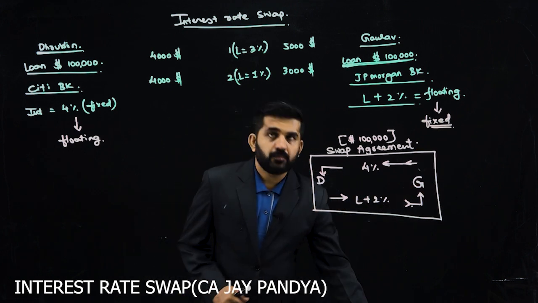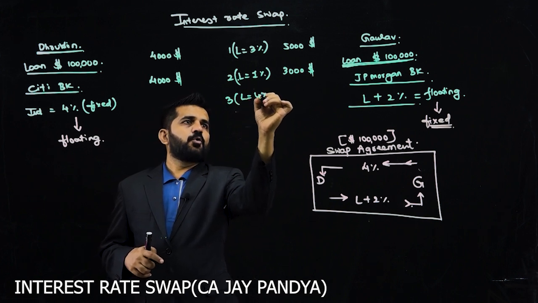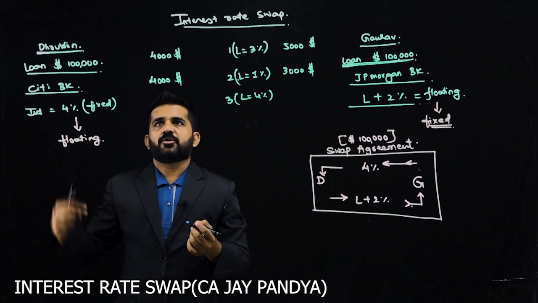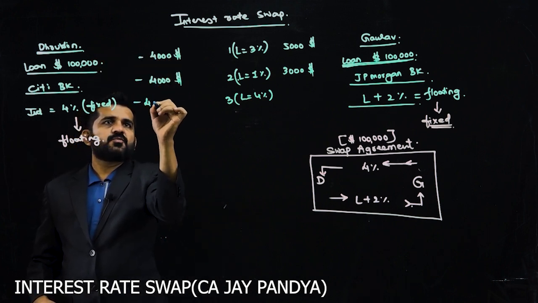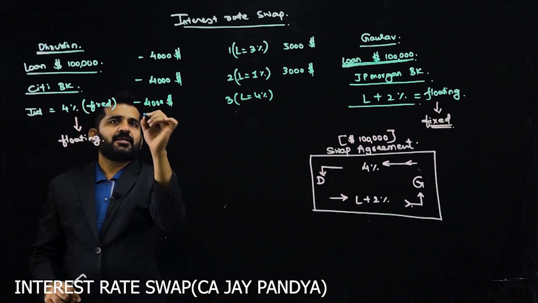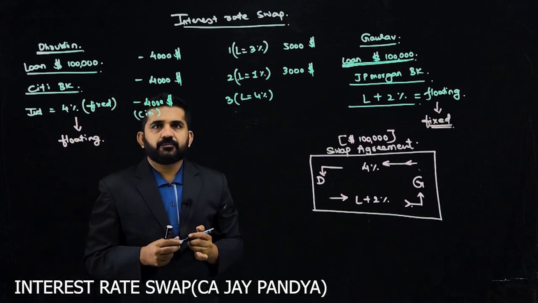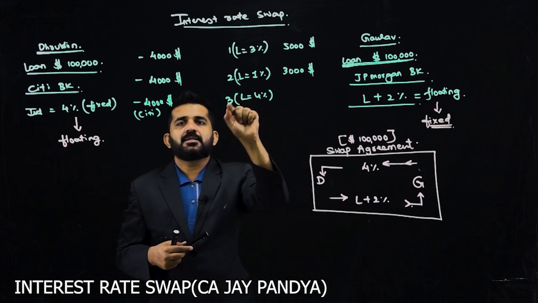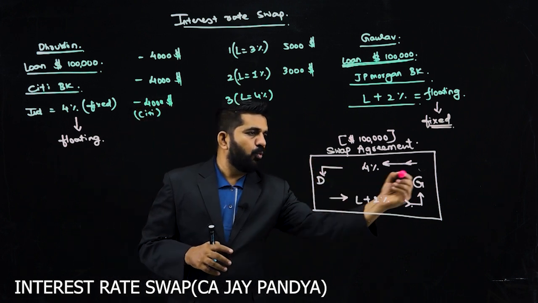Let us understand how. Say in third year, suppose the LIBOR is 4%. Let us understand the settlement of Dhruvin. He will be paying again this $4,000 to Citibank, the settlement for Citibank. But now he has also entered into swap agreement in this third year. In swap agreement, what is happening?